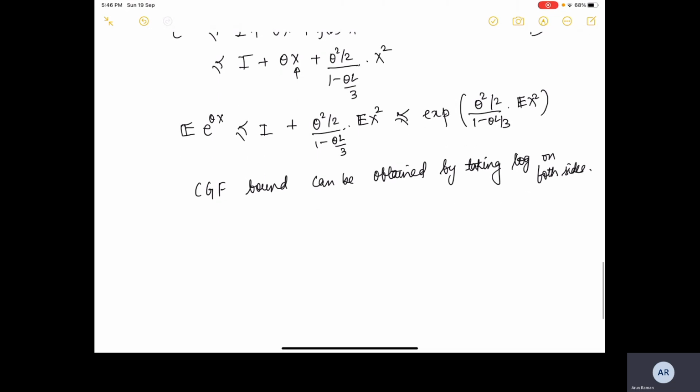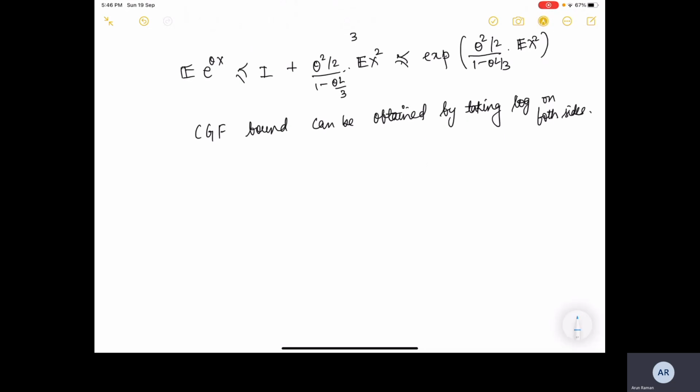All right. So now that we are done, we will next dive into the proof for the matrix Bernstein inequality. Okay, so I'll just write the statement of the matrix Bernstein.